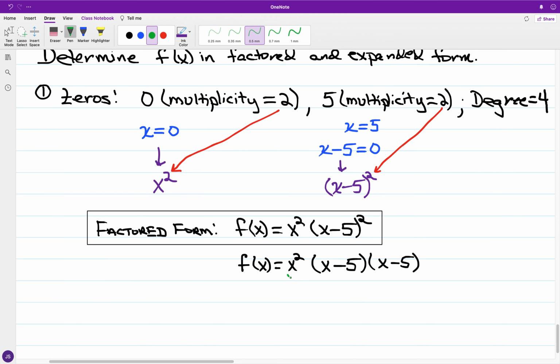If I distribute x squared over x minus 5, we have f of x is equal to x cubed minus 5x squared, and then we're going to multiply by the next x minus 5.